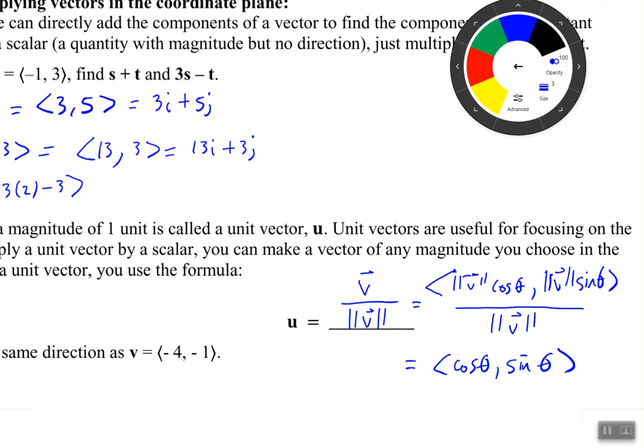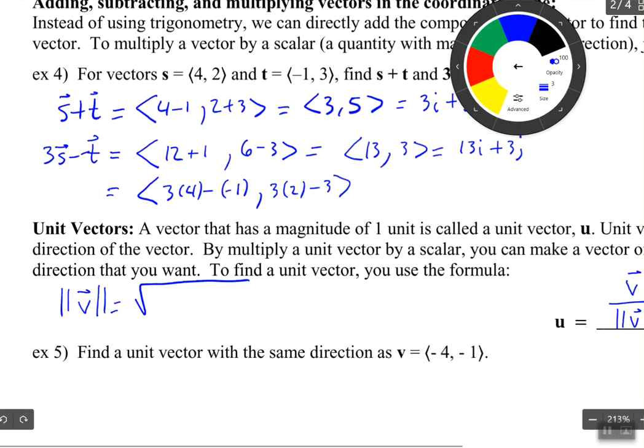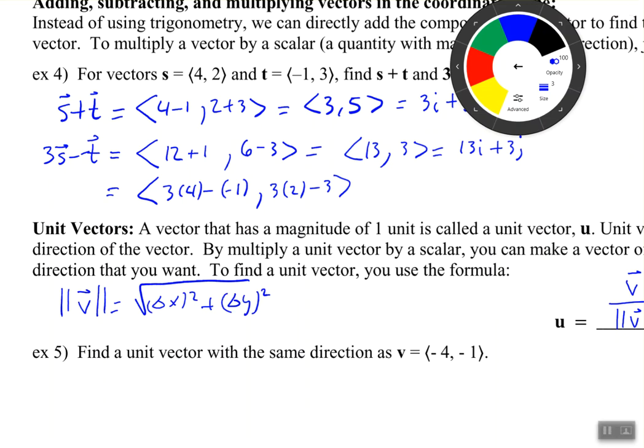Okay, so here, let me write this. This is what I did. I'm just writing the formula again so we can see it. So if we want to find the unit vector that has the same direction as that vector, so basically what we want to do is find on the unit circle that piece that corresponds to that vector.